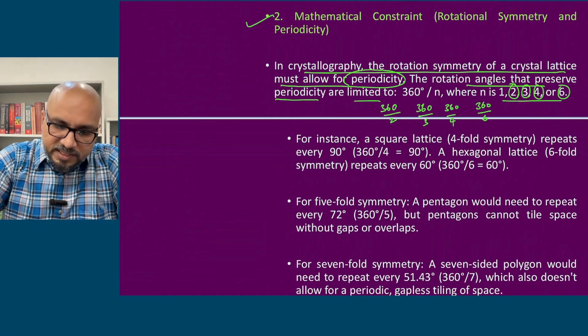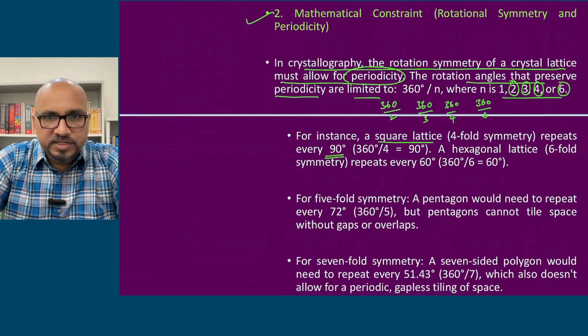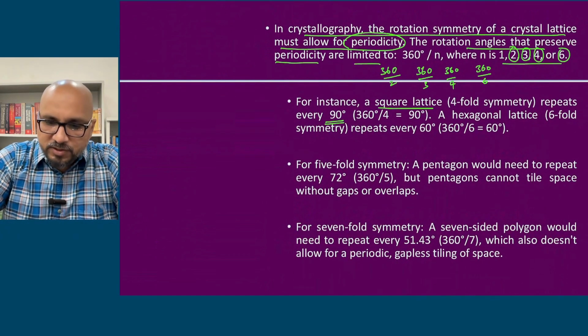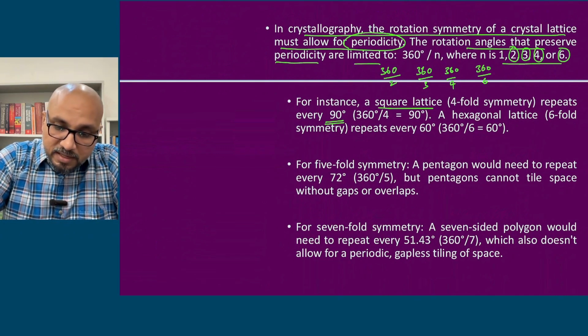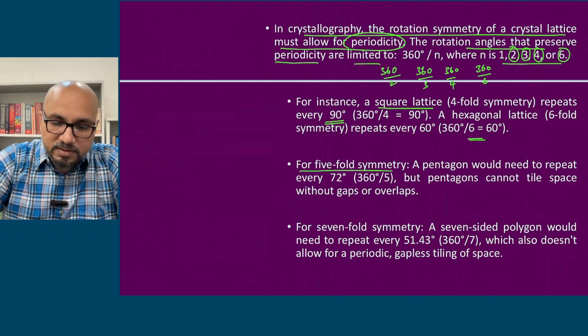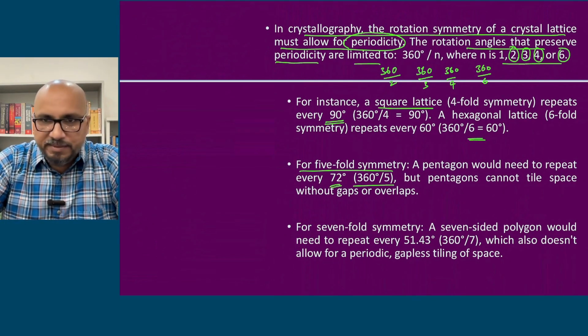So for instance, a square lattice 4-fold symmetry है तो 90 degrees. So 360 by 4, 90 degrees. Hexagon में so every 60 degrees it will repeat. But अगर तुम्हारा 5-fold होगा, so 360 by 5 will give you 72 degrees. Again, perfect periodicity नहीं मिलेगा इसमें.